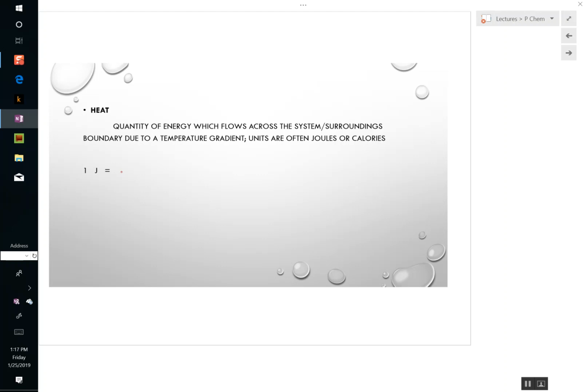So heat is going to dissipate to where the two bars end up at the same temperature, and the whole system is going to be at equilibrium. So that's a little bit about heat.